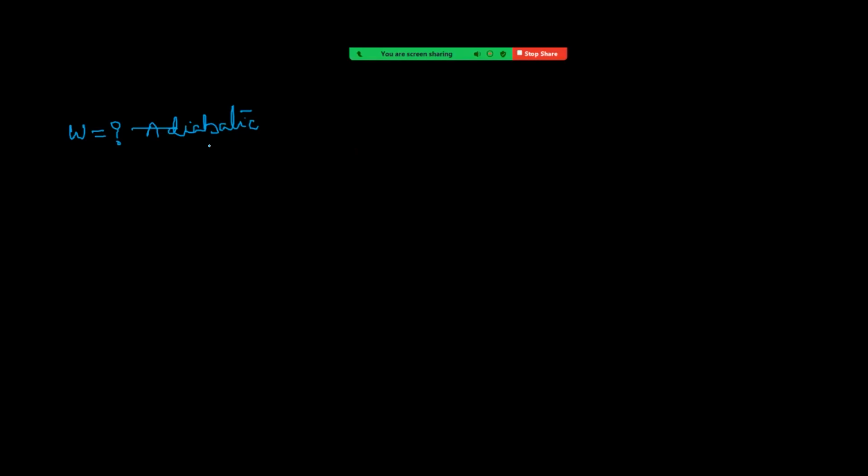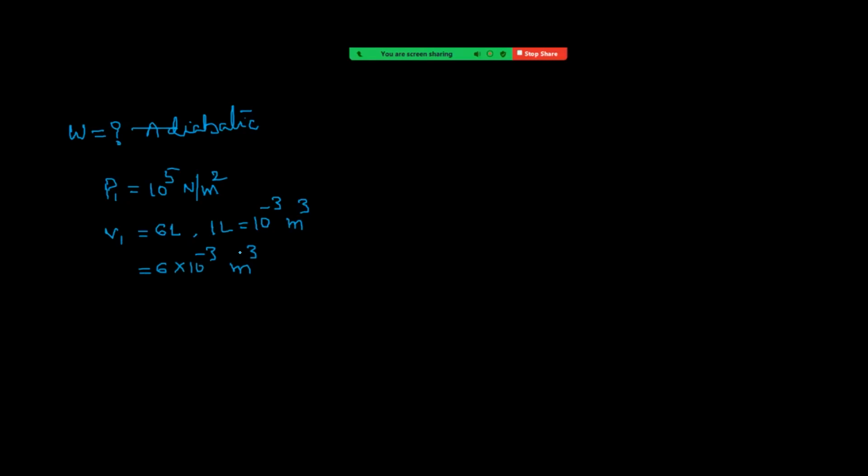Initial pressure P1 is given as 10 power 5 Newton per meter square. Initial volume is given as 6 liter, and you know that 1 liter equals 10 power minus 3 meter cube. That means it is now 6 10 power minus 3 meter cube.